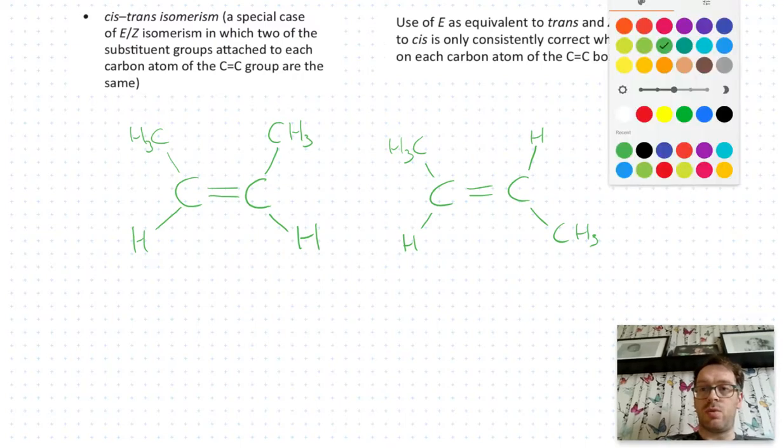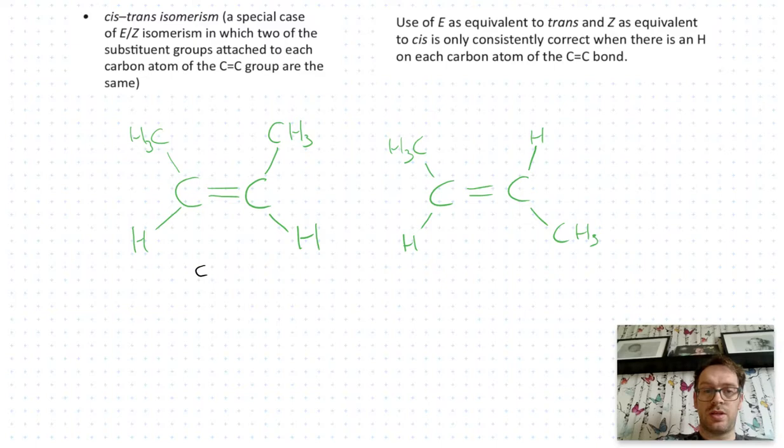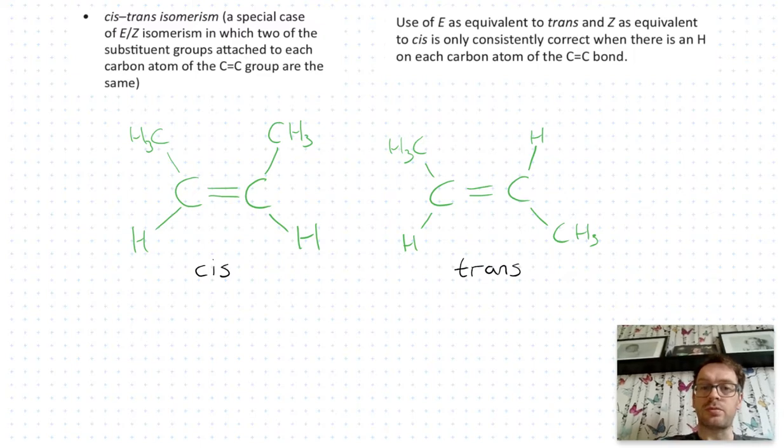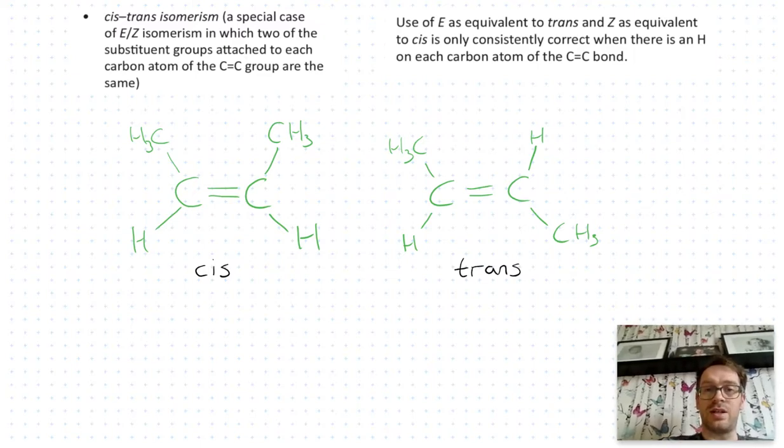So the one on the left is the cis isomer, and the one on the right is trans, where the identical groups are on the opposite side to each other. We can also work out the EZ isomerism. So if we look at this one on the left, we've got a 6 and a 1 and a 6 and a 1. So your two priority groups are on the top here, and that is therefore the Z isomer.